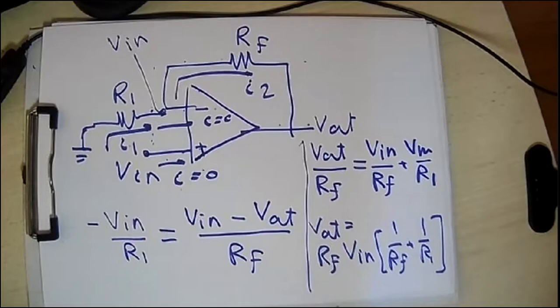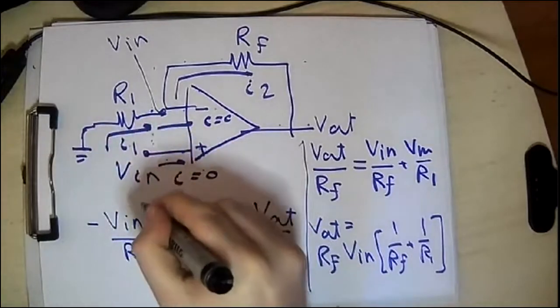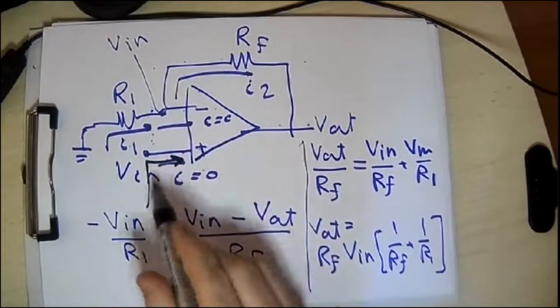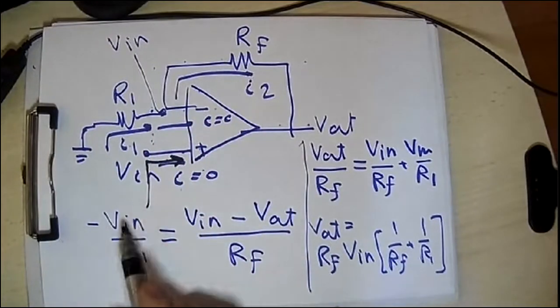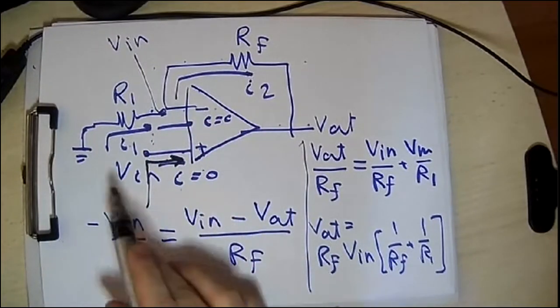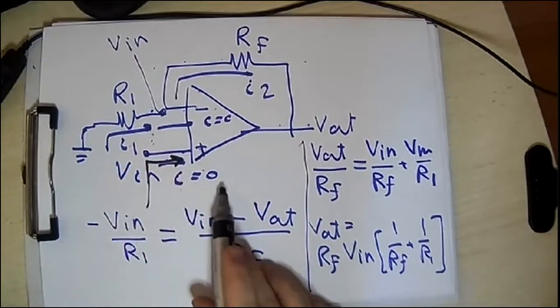A very important and critical piece of information: what if you calculate the input resistance of this configuration? Again, input resistance is Vin over Iin. So this is the input. At this point, this is the input resistance. It's Vin over Iin. Vin is the input. What about Iin? Iin equals 0.